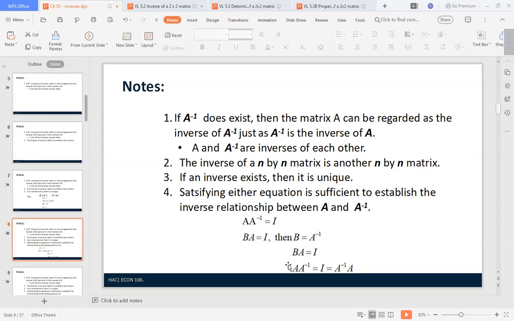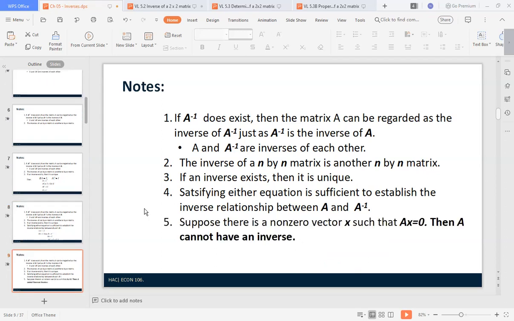Just to note as well, this is an exemption to the commutative law of multiplication. Because we are treating B as an inverse of A here, and we have proven in some way that the product of which would be equal to the identity matrix. So this is the exception to that rule.